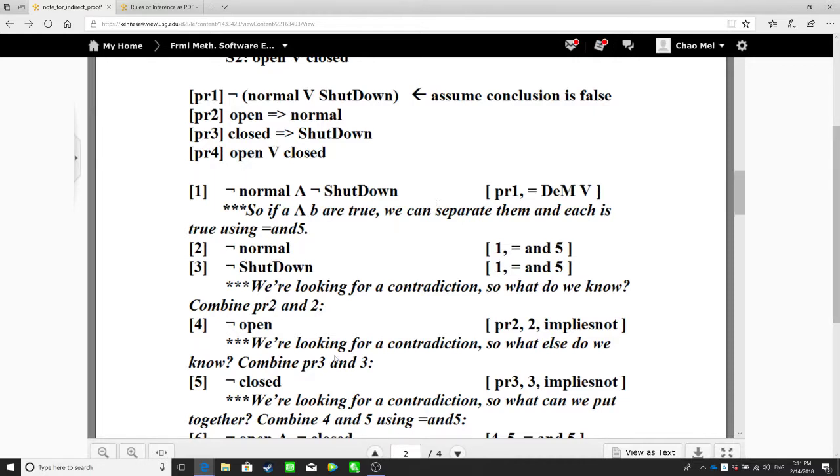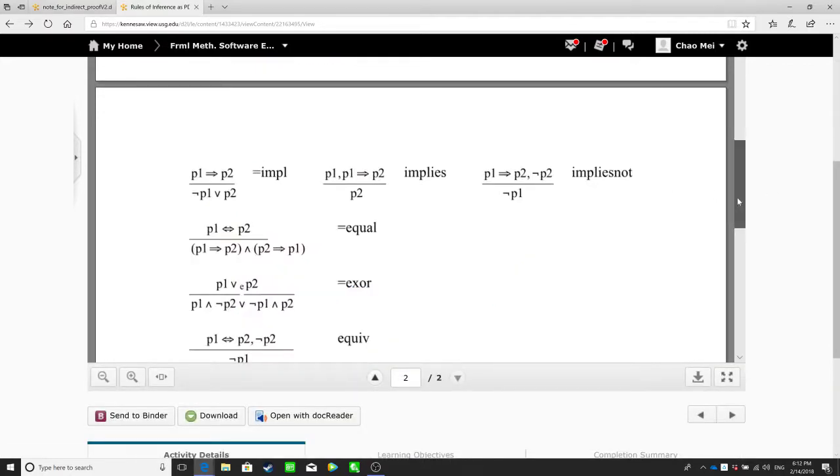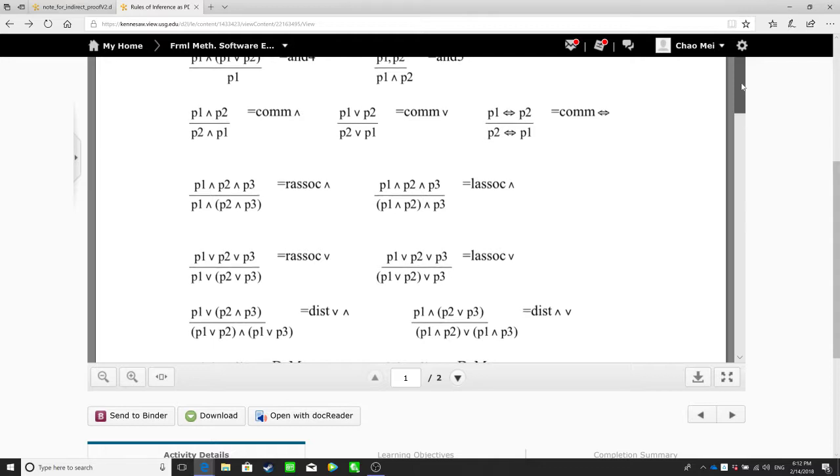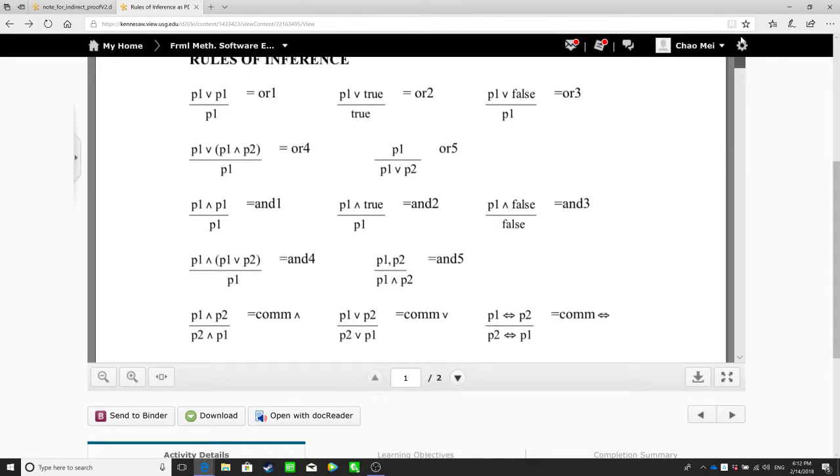OR 5? I didn't really understand. P1 or P2, or 5. We're not using that a lot, but you remember that we do not have that equal sign over there, right?